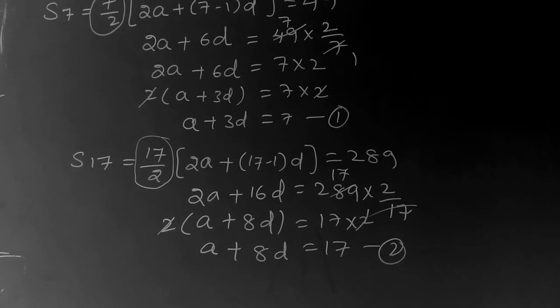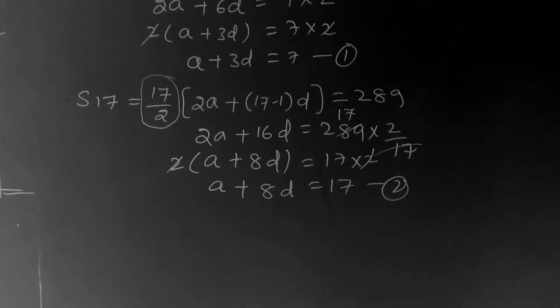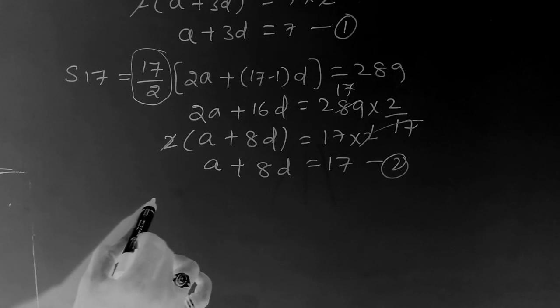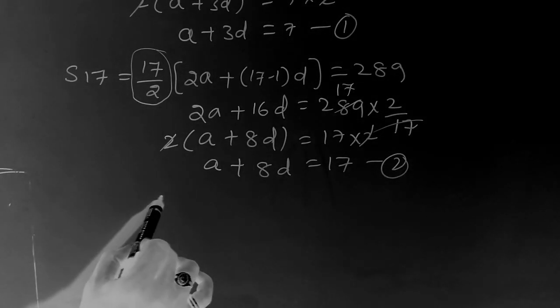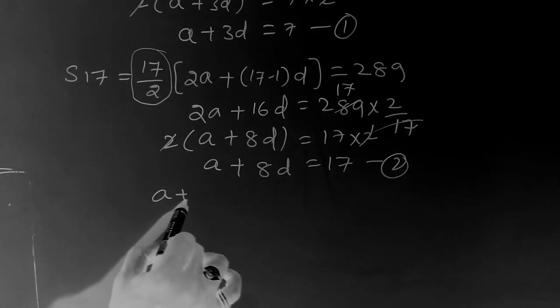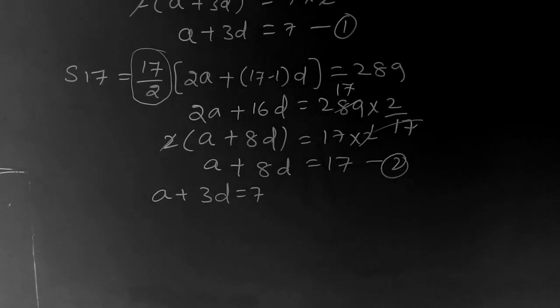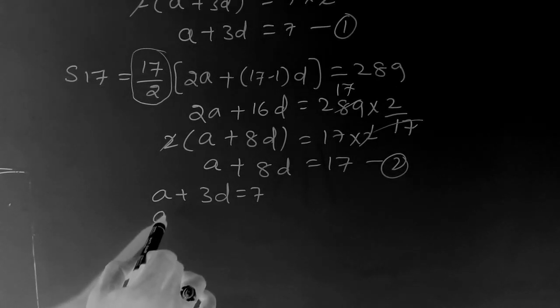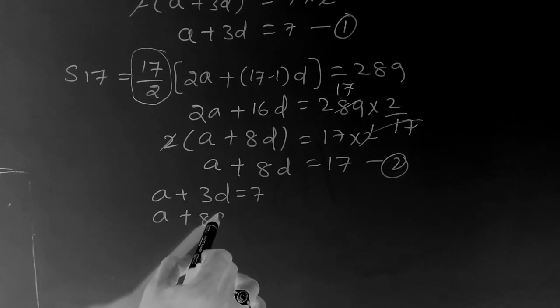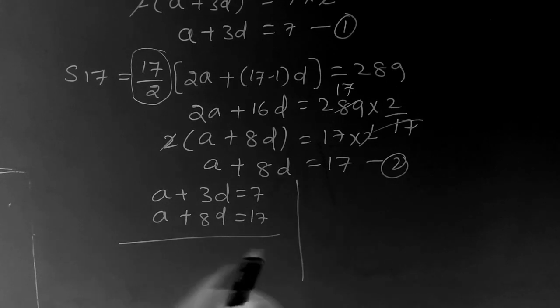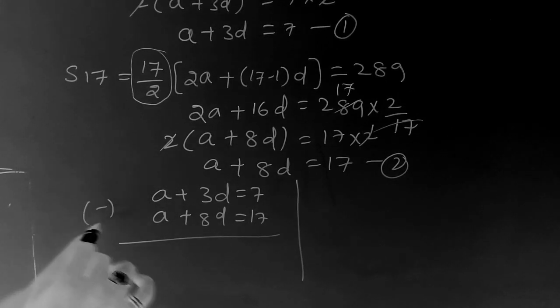Now we are going to solve equation number 1 and equation number 2. First equation is a plus 3d equal to 7. Equation number 2 is a plus 8d equal to 17. Subtract these two.